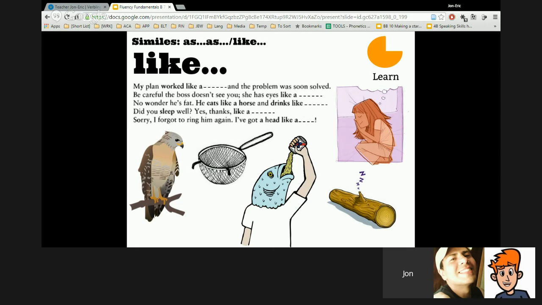He drinks like a fish, because, as you know, fish live in water. They're not really drinking, but that's what we say. Okay, very good. By the way, Ahmed, if you want a copy of this, here is a link. You can open this directly in your computer, and you can see the answers later on too.